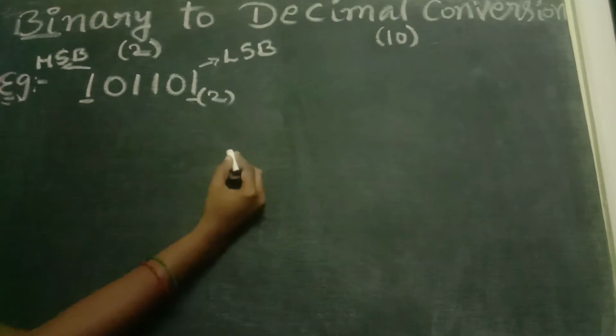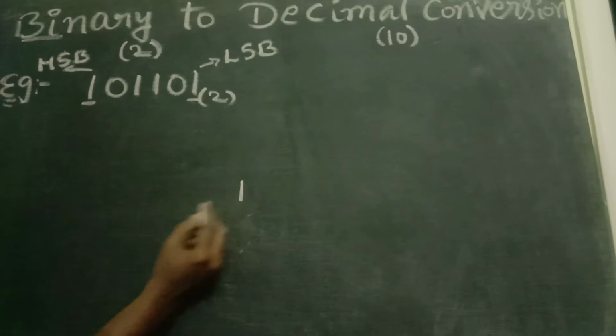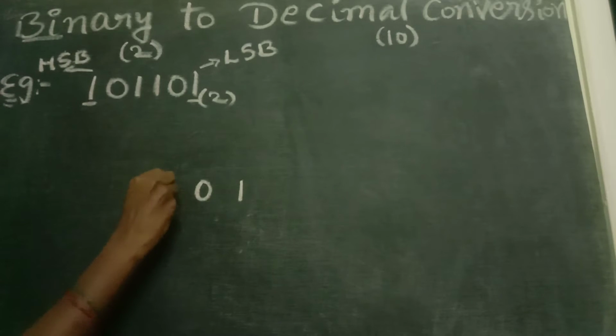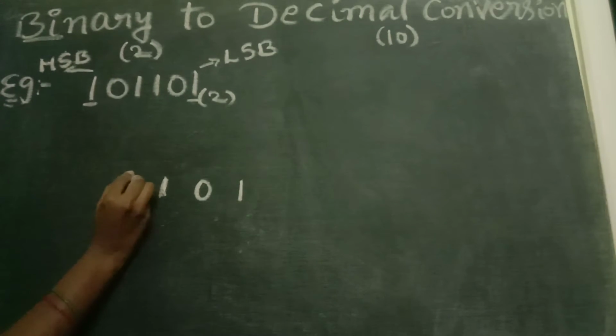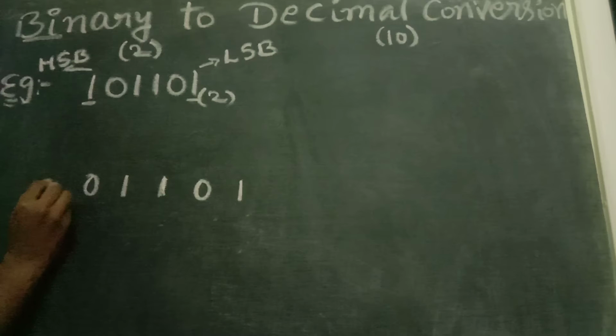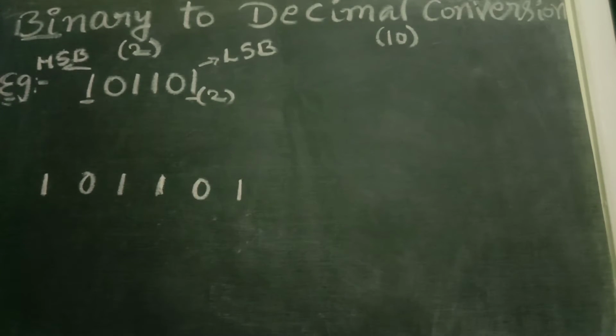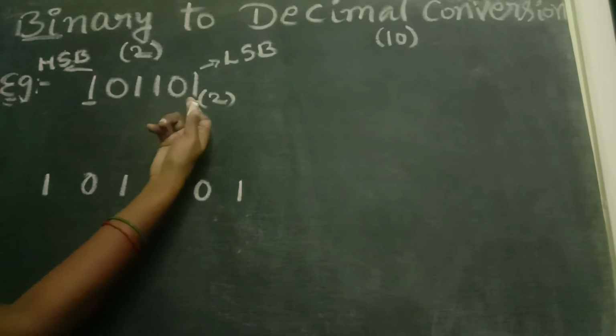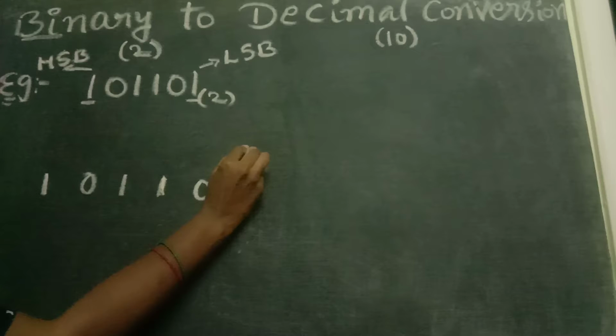Just simply write LSB: 1 0 1 1 0 1. Next, from the first digit we start at 2 power 0.